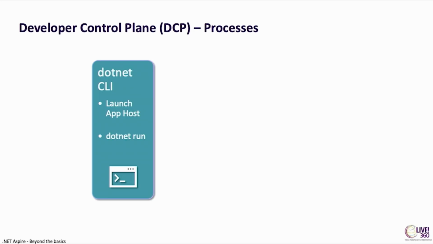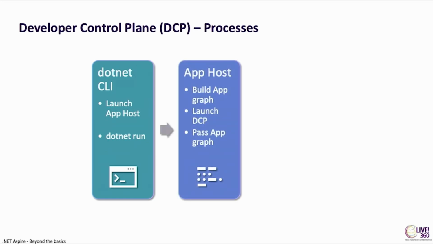So if you check out how this DCP comes to life, it all starts with a .NET process being launched. So it's either a dotnet run or an aspire run, depending on which CLI is your favorite. But at some point, a .NET process is executed saying, hey, I need to run the app host process. The app host process, of course, is that code I just showed you.